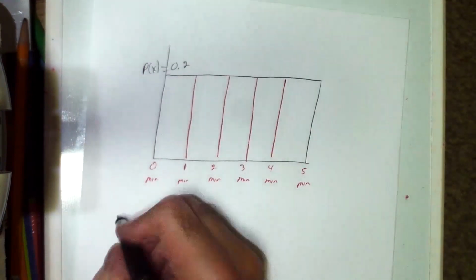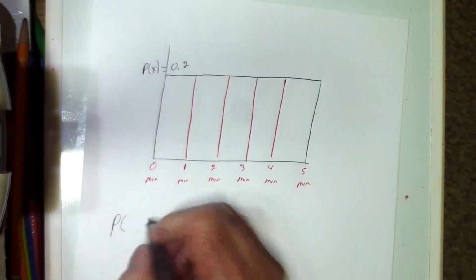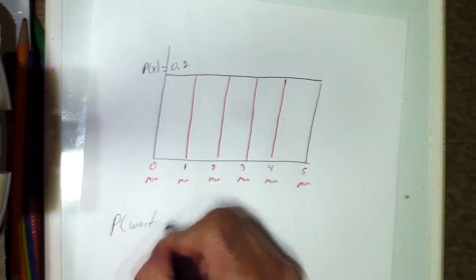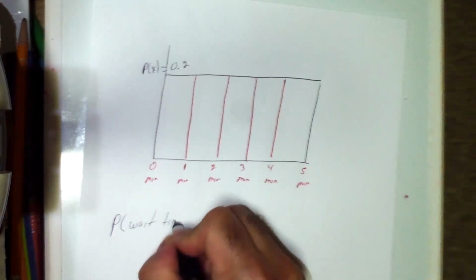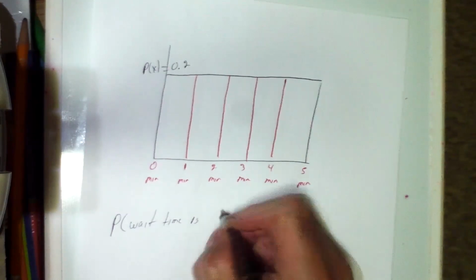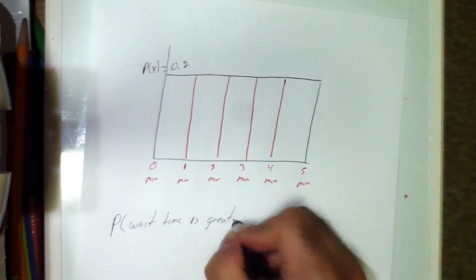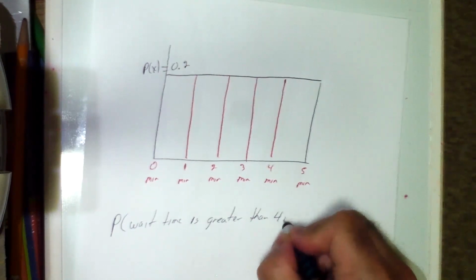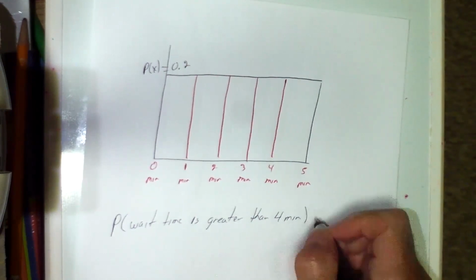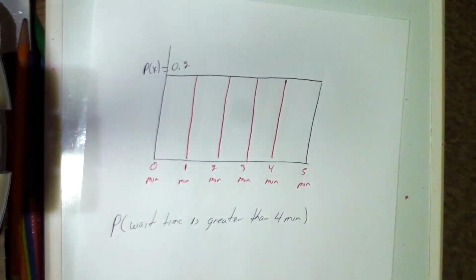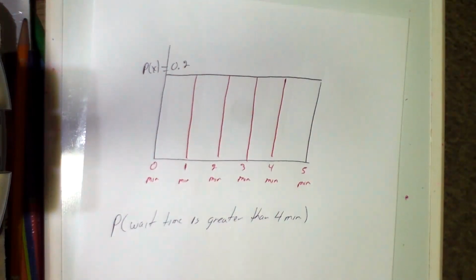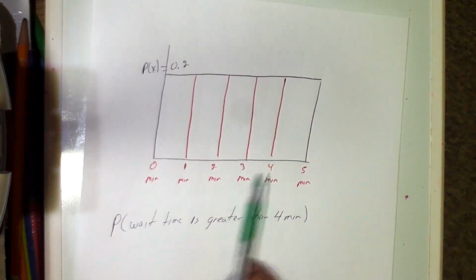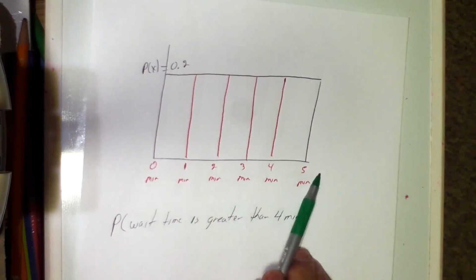This time I'm asked to find the probability that the wait time is greater than 4 minutes. Okay, greater than 4 minutes. All right, so which region do I shade? Do I shade to the left of 4 or to the right of 4?